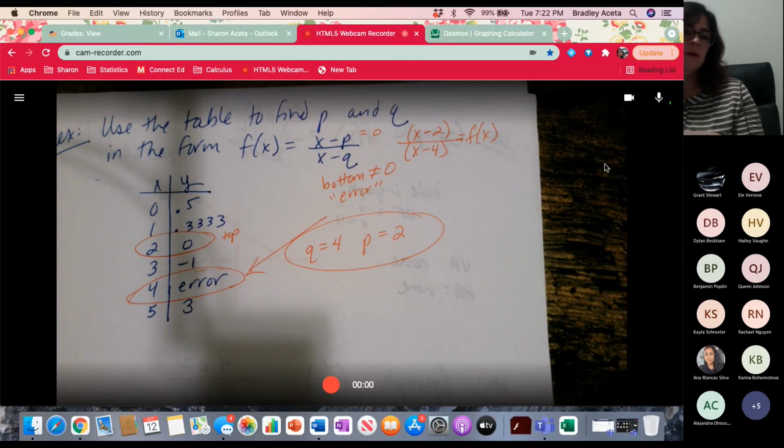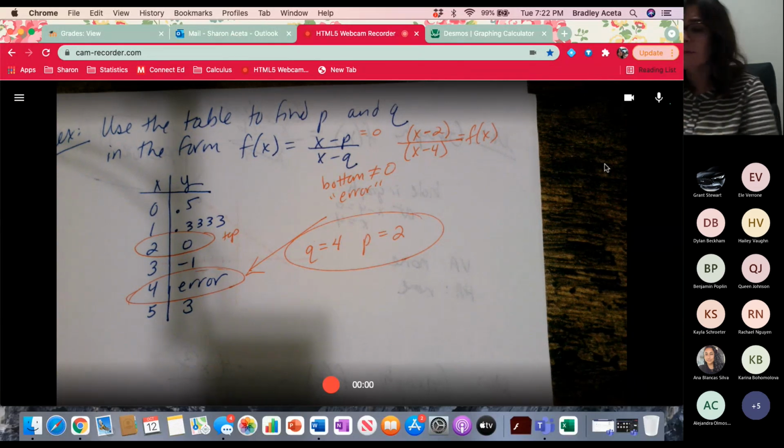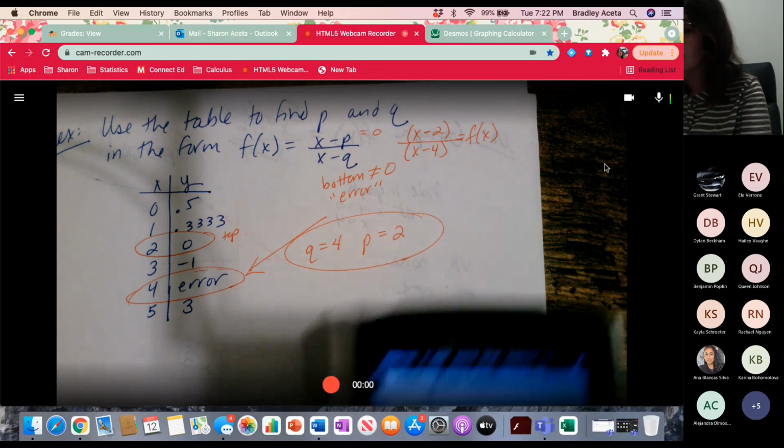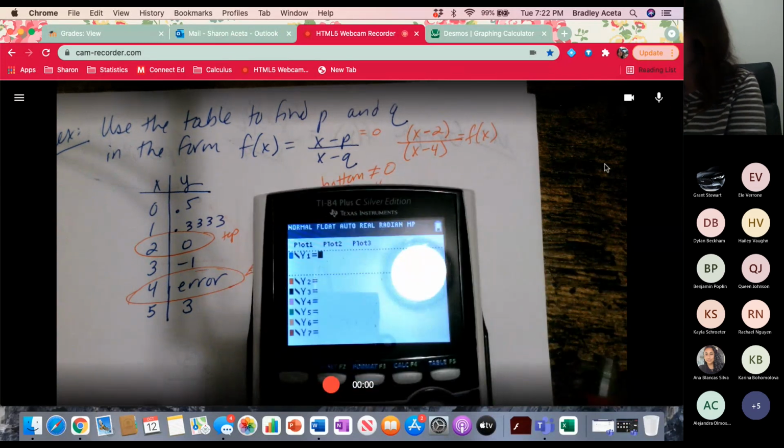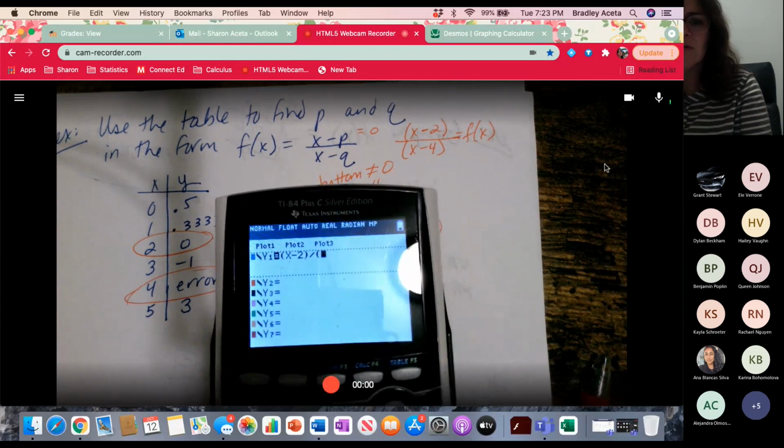I thought that was a weird way of doing it, but you can look it up yourself. You can type into the calculator x minus 2 divided by x minus 4. Just to double check. It's never hard to double check. It's always a good idea.